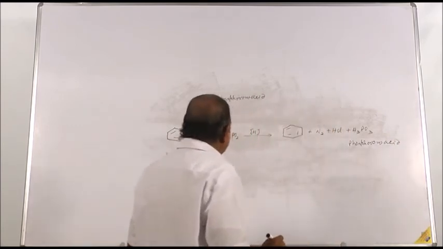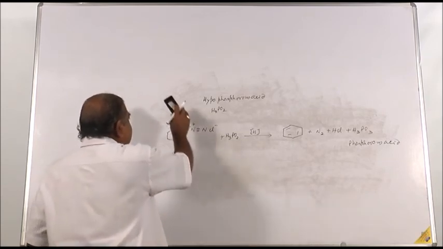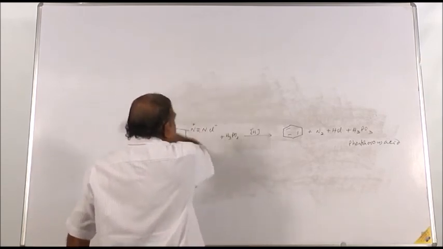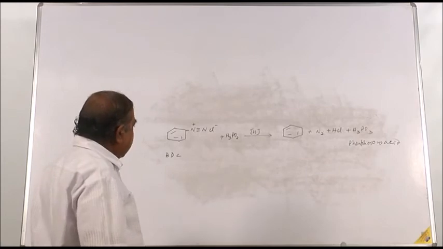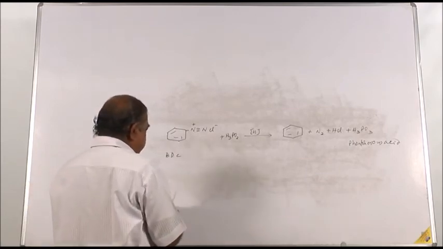So you are getting benzene from BDC, that is benzene diazonium chloride. So here this diazo group is replaced by hydrogen.